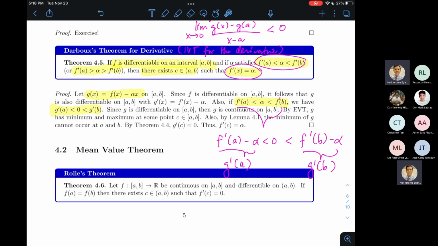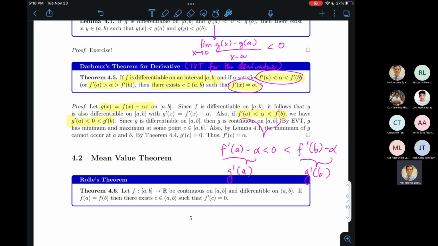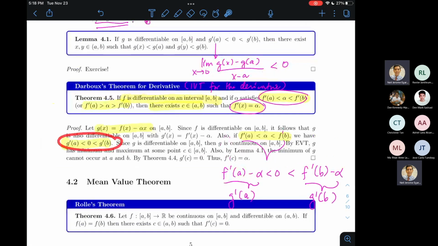Pero ang sinabi dito ay yung bounds, okay, kapag meron kang inequality na to, yung bounds ni A at saka ni B nung set ay imposibleng magbigay ng minimum. Yun yung sinasabi ng lemma 4.1. Since we have G prime of A and G prime of B being strictly less than and greater than 0 respectively, then by lemma 4.1, G of A and G of B cannot be absolute minima.